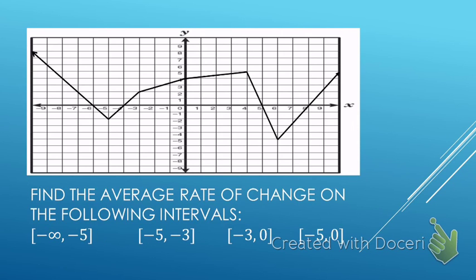The next section is average rate of change. If you want to check your work on the increasing and decreasing, we have increasing in this section and decreasing on these two.